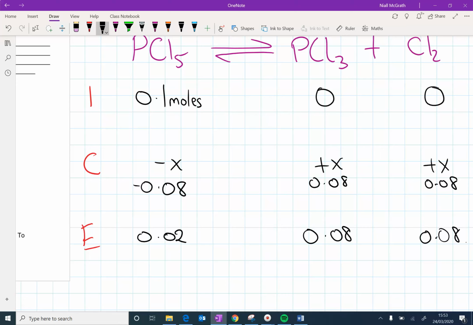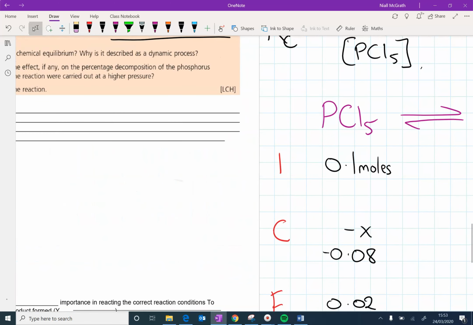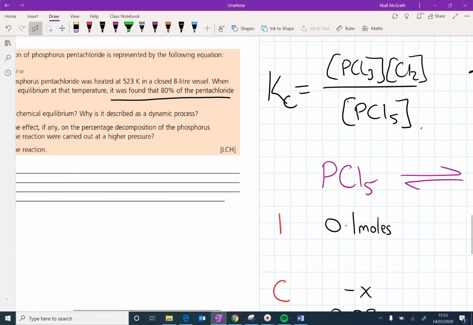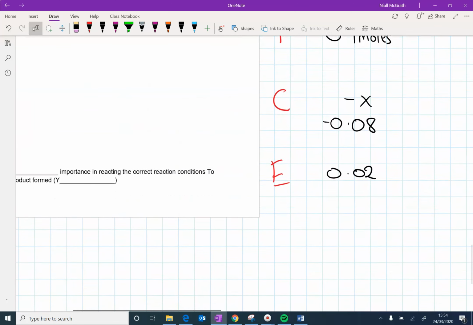Now, they're the number of moles we have, but they're not the concentrations that we are looking for. Okay, and if we don't have the concentrations, we can't find the value for Kc. So we are told in the question again that it happened in an 8 litre vessel. So all of those have to be divided by 8 in order to get moles per litre.